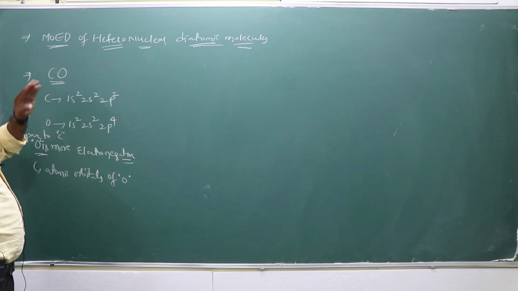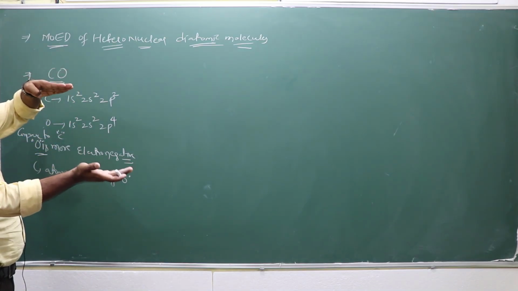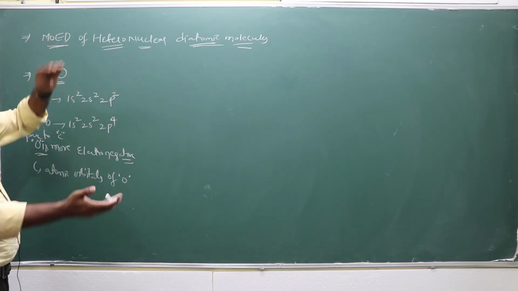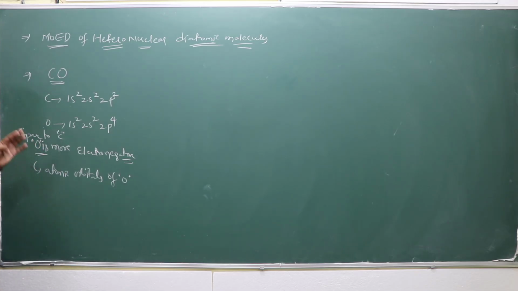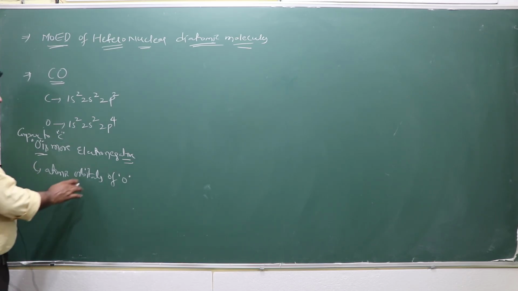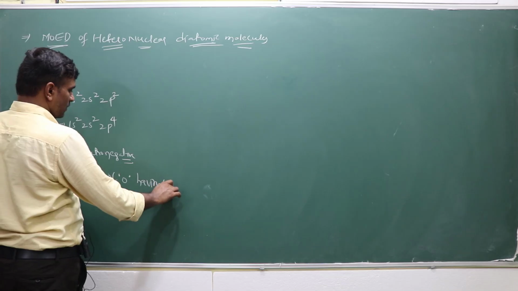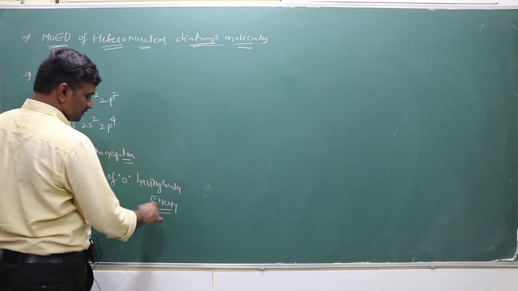Because oxygen is more electronegative, the atomic orbitals have different energies in the energy level diagram: one is lower energy, one is higher energy. The atomic orbitals of oxygen have lower energy than carbon.